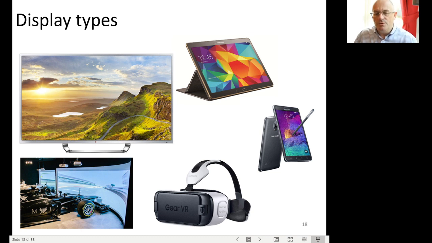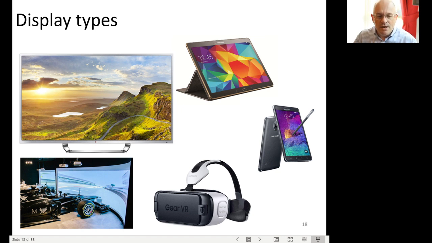Tablets and mobile phones are a whole new class of displays in the last 10 or 15 years. Very high resolution, very close to the eye, slightly different features to TVs, but from a visualization viewpoint, not so different. A lot of the difference is perhaps to do with the interaction that you might be able to use on a tablet or a phone.